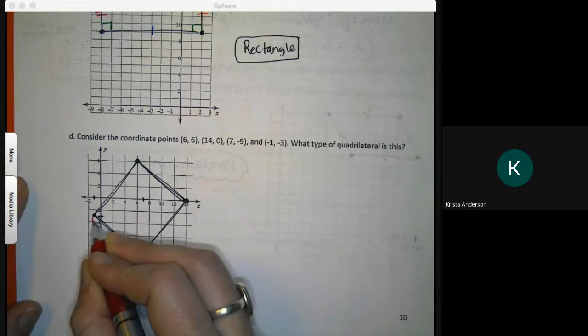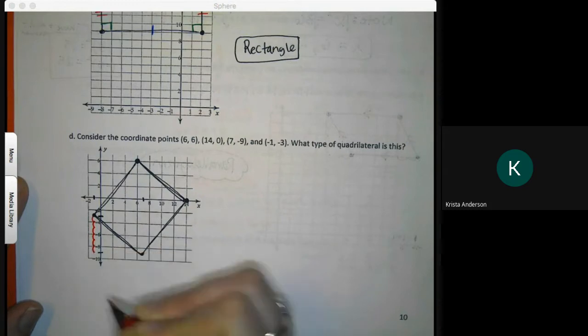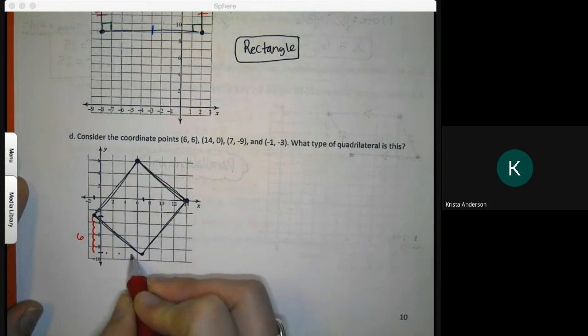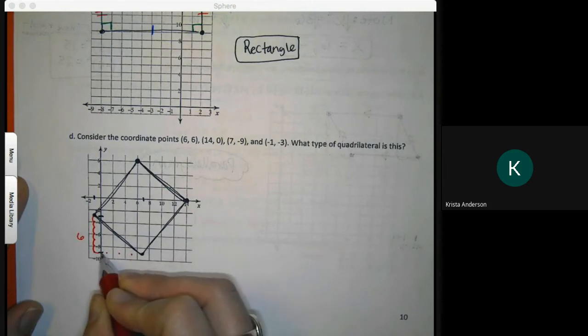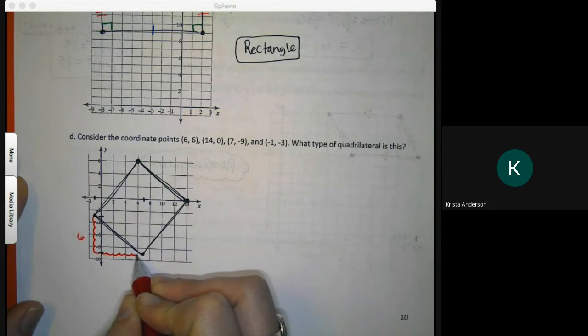I'm going to count 1, 2, 3, 4, 5, 6. There's a half point in each. 1, 2, 3, 4, 5, 6, 7, 8.